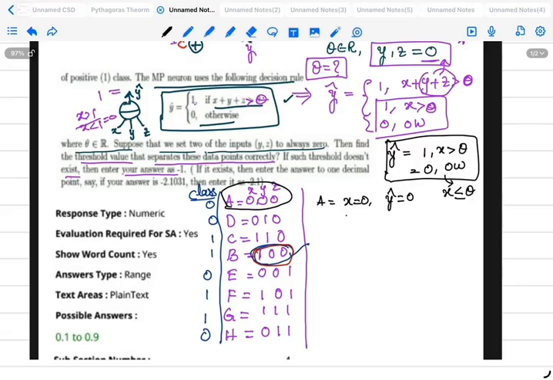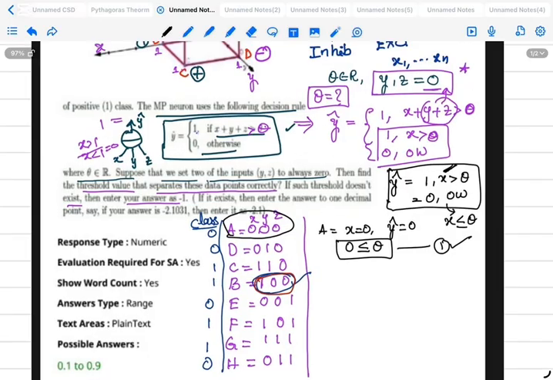So the sum is 0, which is less than or equal to theta. This is one condition we find: 0 less than or equal to theta. And the other condition is when the x value is 1, that is x greater than theta.